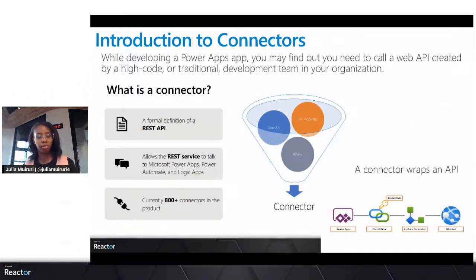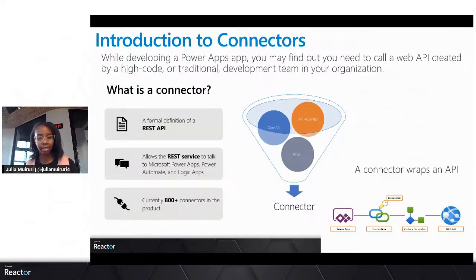So think of a connector being a wrapper around an API. Ideally, you would be using an API to access data from any other third-party or external service. And in this case, if you present endpoints to a citizen developer, they might not really know how to consume them and get access to the data.